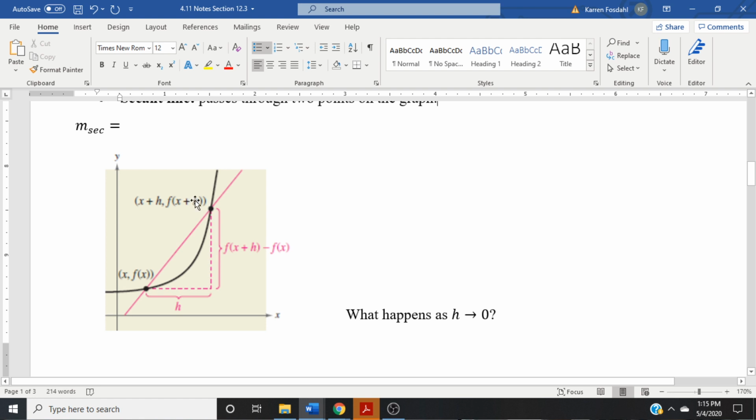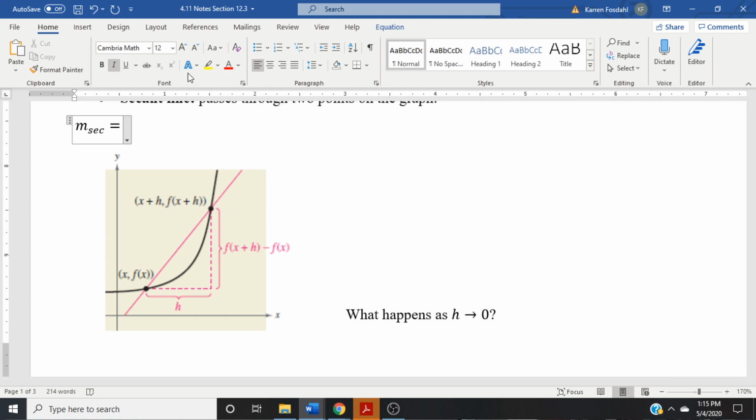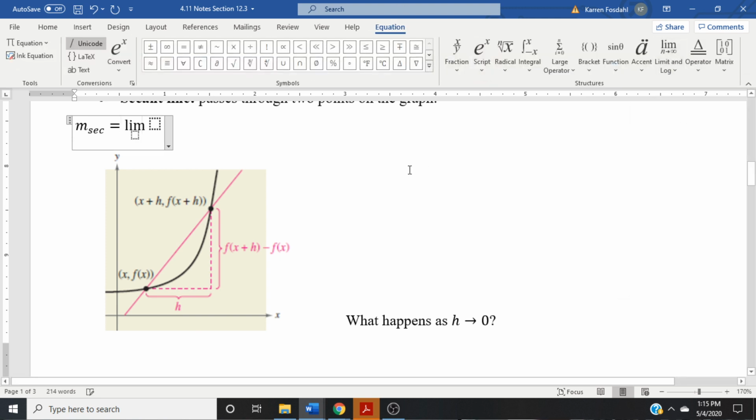h is going to be crucial. h is just kind of an arbitrary number that we're going to figure out. Arbitrary meaning it doesn't matter what the number is at the beginning. It matters what the number is going towards. So the slope at this is actually going to be a limit, as h approaches 0. So again, we're still using limits.